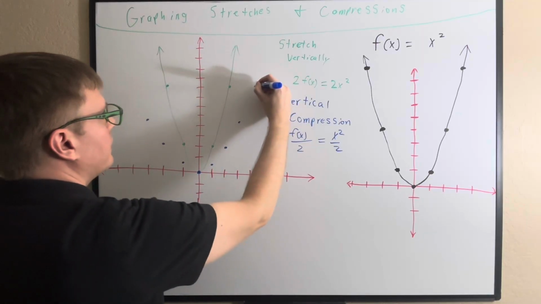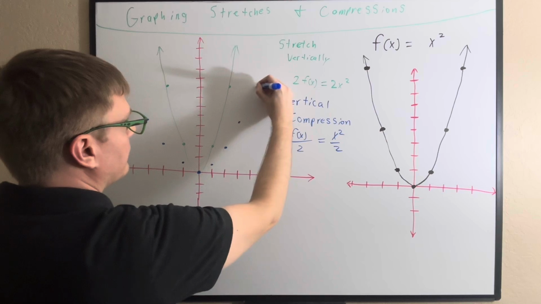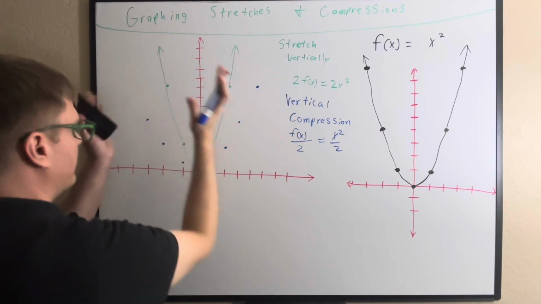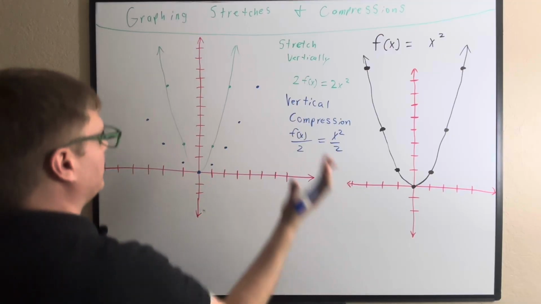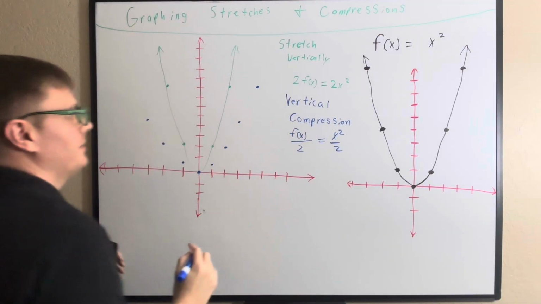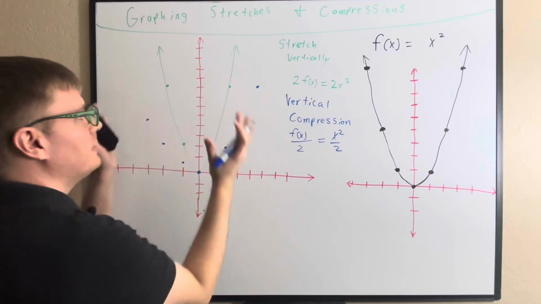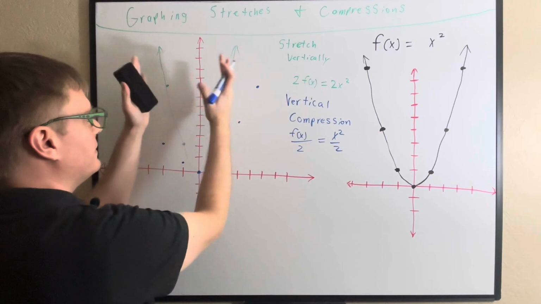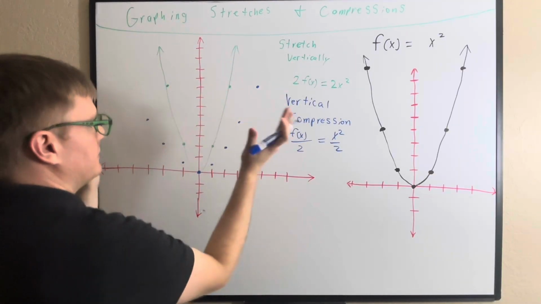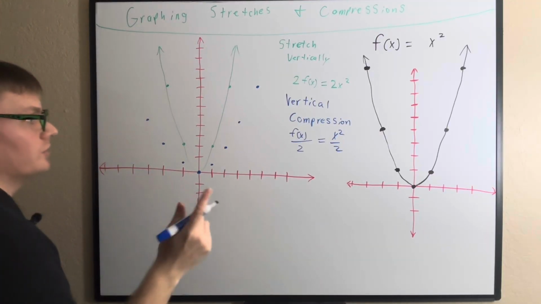All the way up here. We're still rising. It's still a parabola. But what's happening is we're compressing it down vertically. Some people think compression means you're squeezing it, so they get confused and think that first one is squeezing it, but this is compression. Patting it down. Vertical compression.